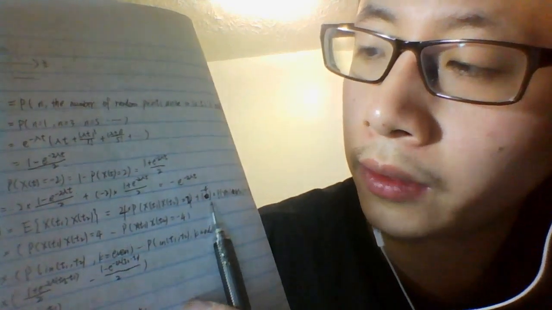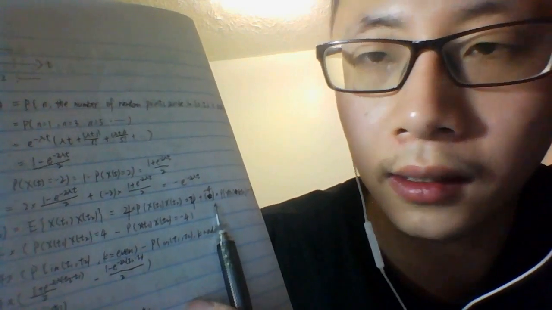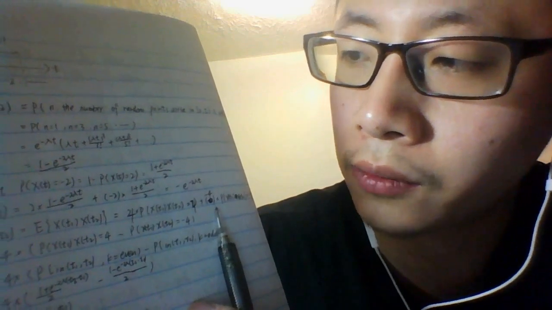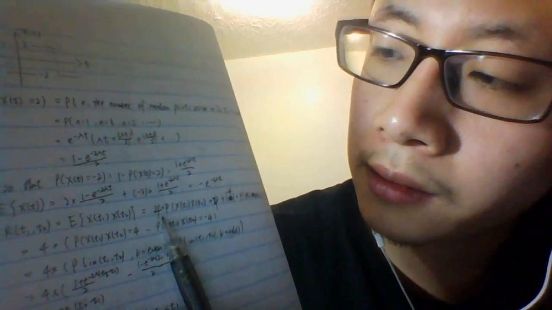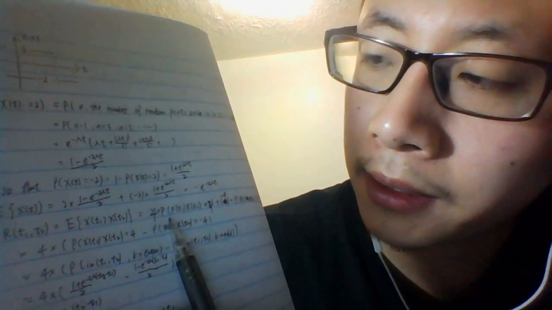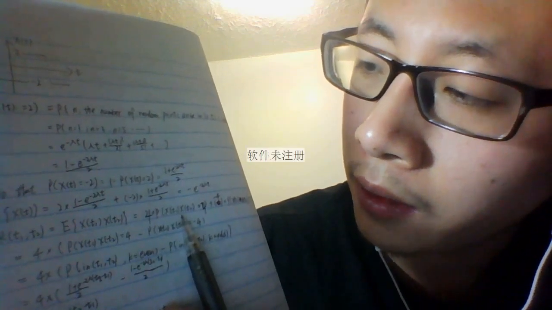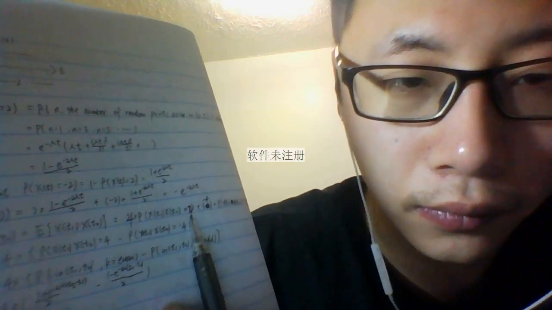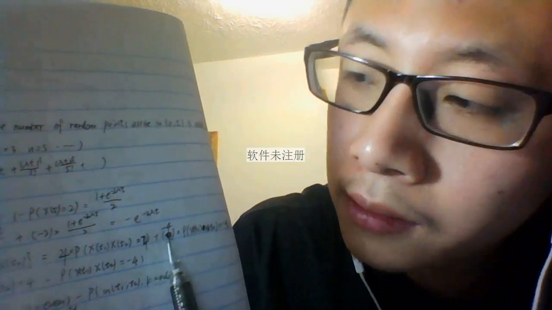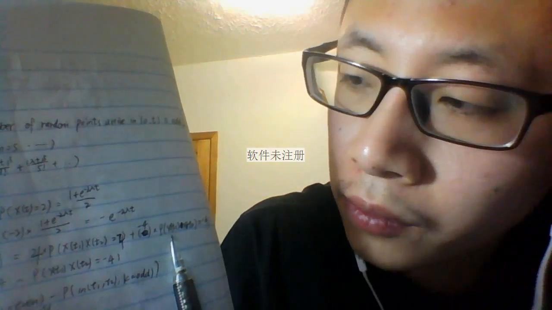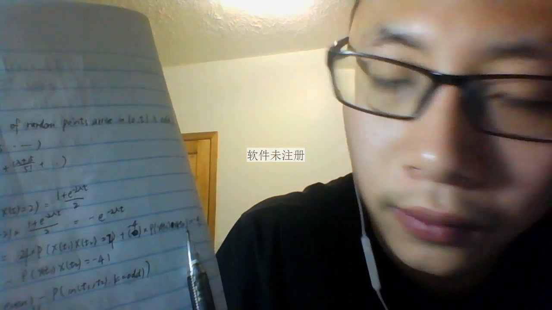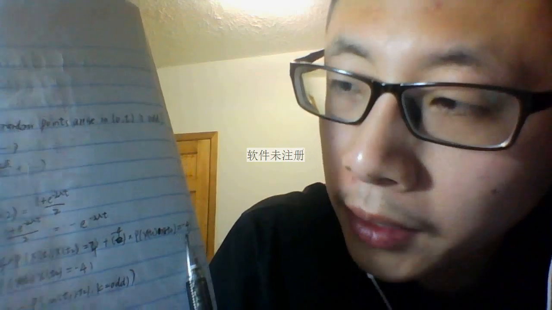And the second value is minus 4, which is 2 multiplied by minus 2. And 4 multiplied by the probability of x(t1)x(t2) equals 4, and minus 4 multiplied by the probability of x(t1)x(t2) equals minus 4.